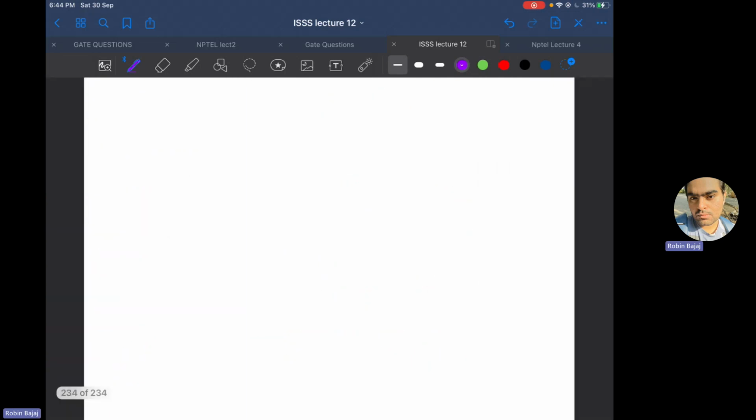Now you do the same thing with whatever we have done. You would do the same thing using this grid. Okay, so this is how your Gauss-Seidel would work.